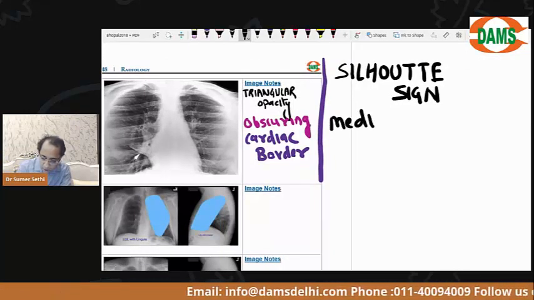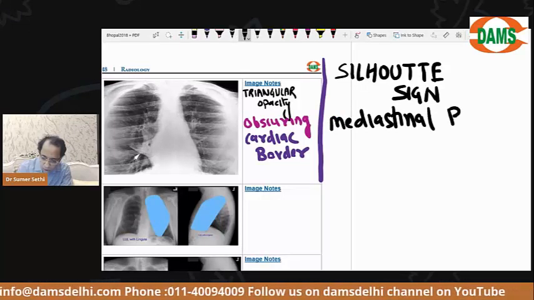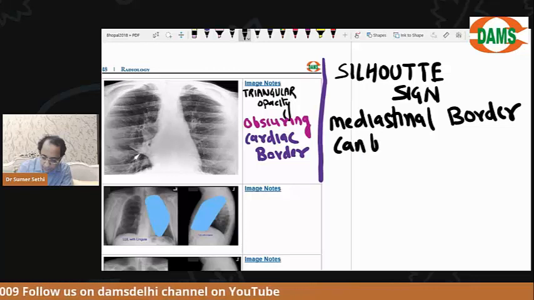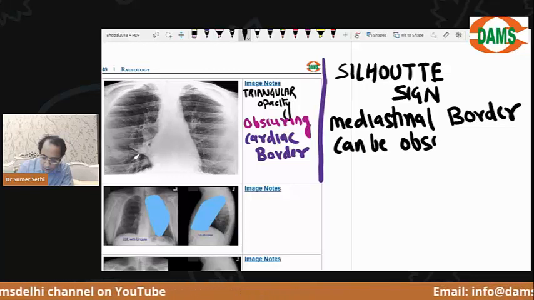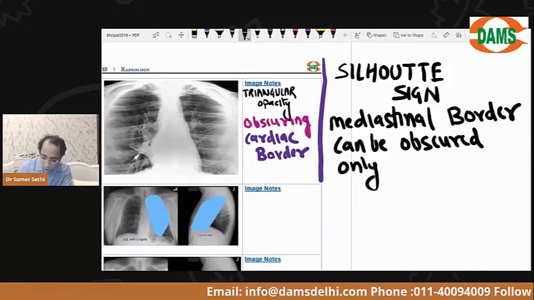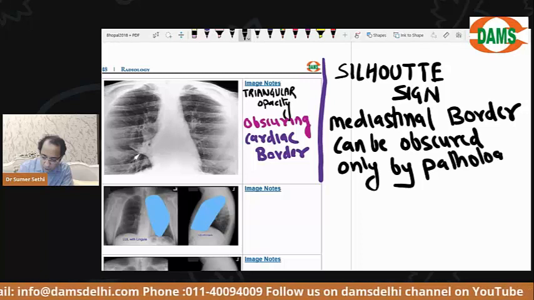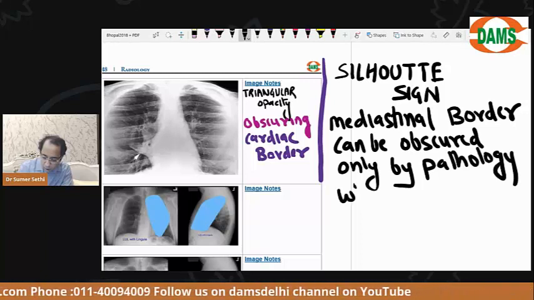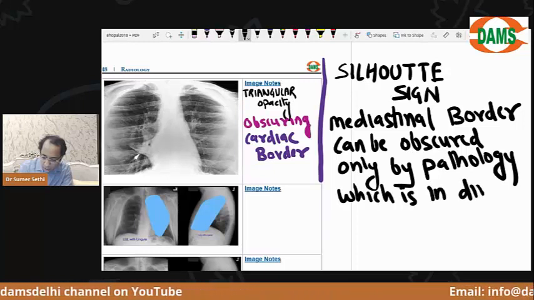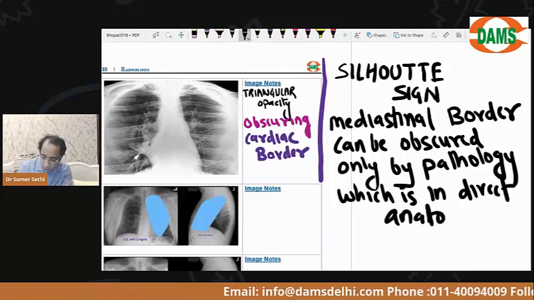Any mediastinal border, everybody please write down, any mediastinal border can be obscured only by pathology which is in direct anatomical contact.